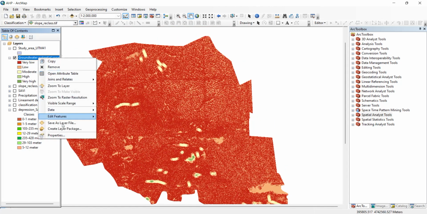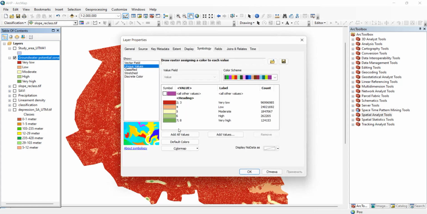We can also ungroup values. Let's ungroup them, and let's merge these classes, for instance, group, and these classes, group.